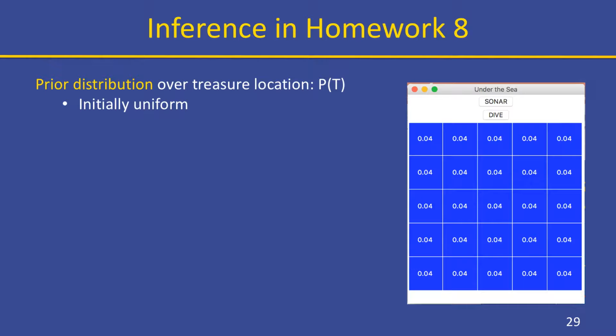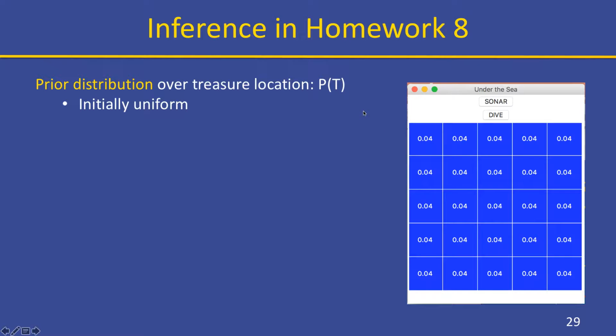So let's go back to homework 8 and see how we can use Bayes' rule there to help our agent find the treasure. We'll use t as our random variable here. In the example, we are considering a small 5 by 5 grid, so the domain of t is any of these locations. There are 25 possible values for t.